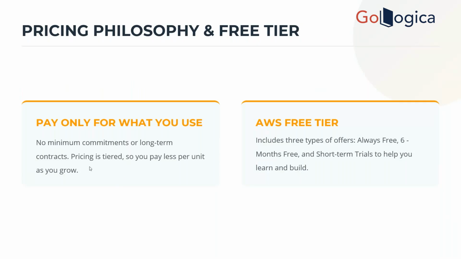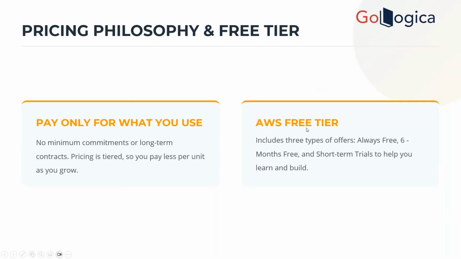But when you are using between 100 GB and 200 GB, you pay say $2 per GB. That is tiered, and you pay less as you are growing and using more. So the per unit cost will go down as you use more of their resources, particularly when we talk about storage services.